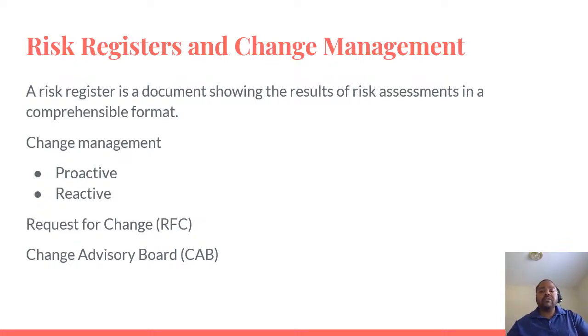Instead, being proactive, if we plan to do, let's say, an upgrade, then we can see if that upgrade is going to bring on problems. And a change management system is a good way of letting everybody know what's going on with the changes within the network.